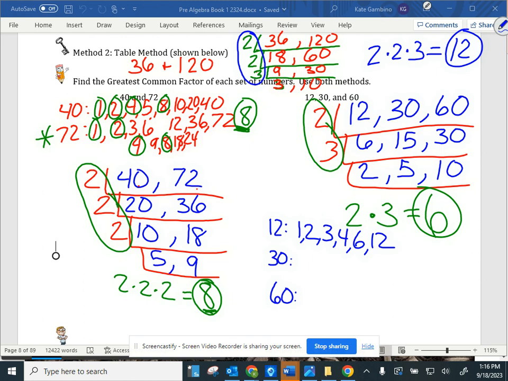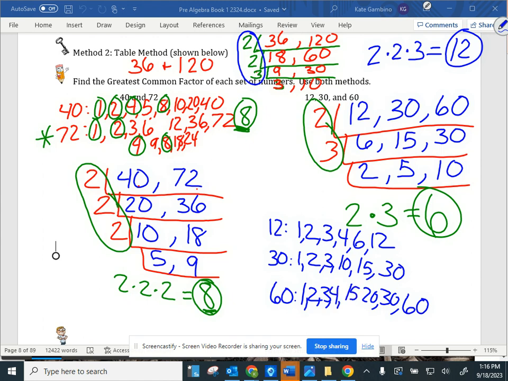For 30, I have 1 and 30, 2 and 15, 3 and 10, and that's it. For 60, I have 1 and 60, 2 and 30, 3 and 20, 4 and 15, 6 and 10.